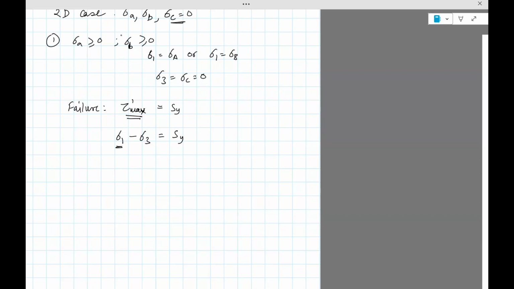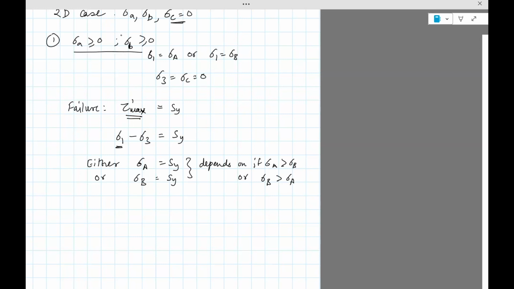So it's either sigma A equals sy or sigma B equals sy. This depends on if sigma A is greater than sigma B, or the second case when sigma B is greater than sigma A. But it will always be one of those two equations. So this is the failure for this condition.